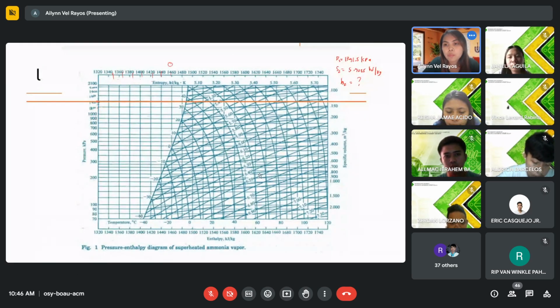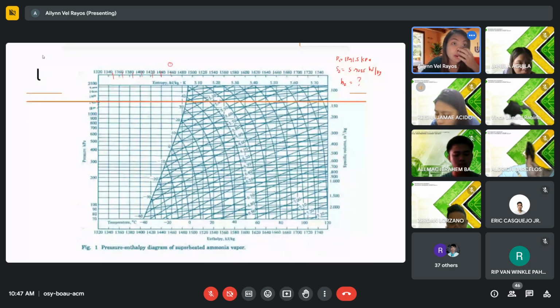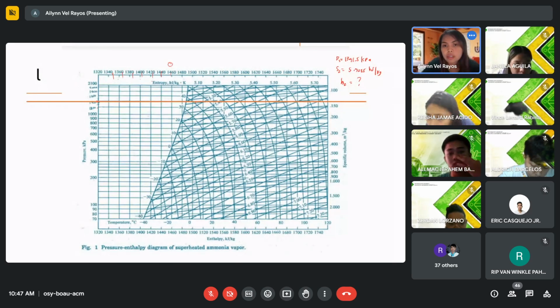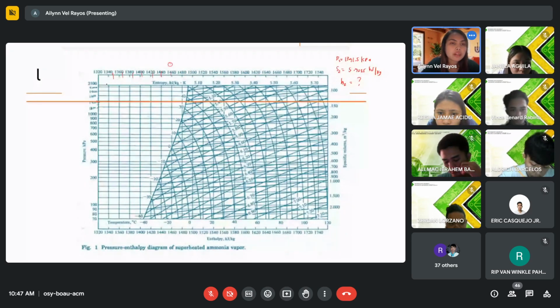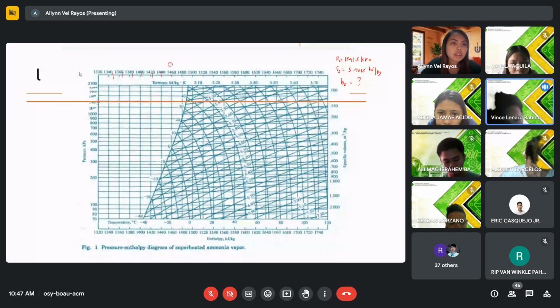Okay. Pero yung sa entropy, linyahan na lang natin. Hindi ko alam kung paano mag-draw. Try natin. Kung kakaya. Ito. 5 point, ano nga yung entropy natin? 5.9025.